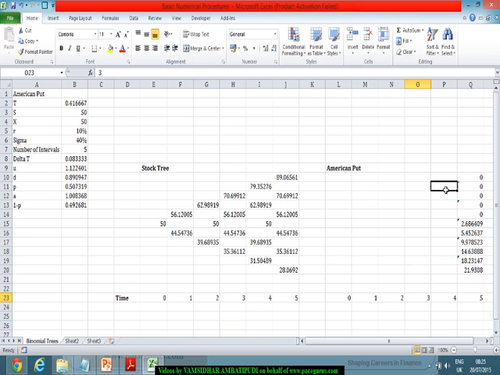Now I'll get the expected payoffs at time period 4. Expected payoff at time period 4 by discounting it with e to the power of r delta t. Okay, I'll discount this by e to the power of r delta t.